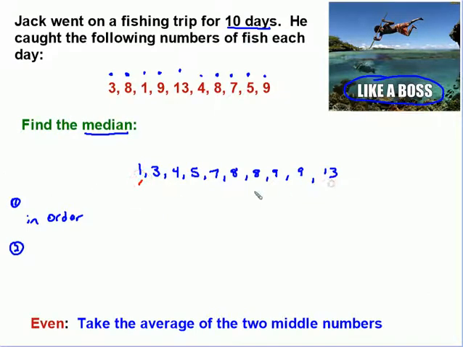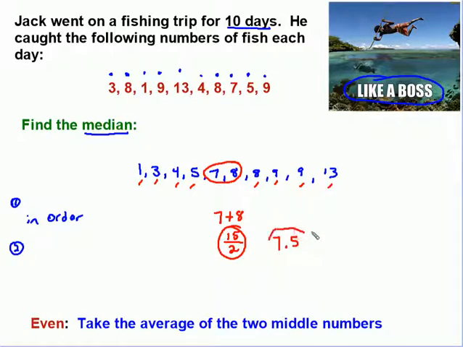There's one pair, another pair on the outside, and another pair, and another one. So we've got the two right here in the middle, 7 and 8.